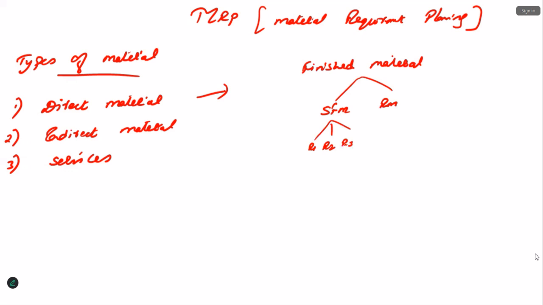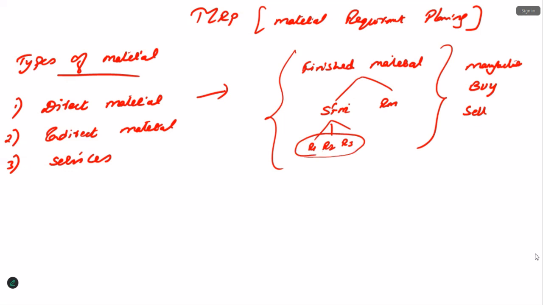So all these materials, which are listed down here, we are going to manufacture. We are going to buy this material. As soon as we buy this material, we use it to manufacture this material. Again, we use this material to manufacture this material.